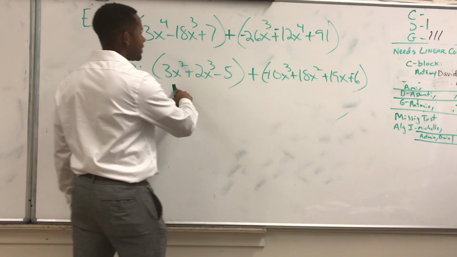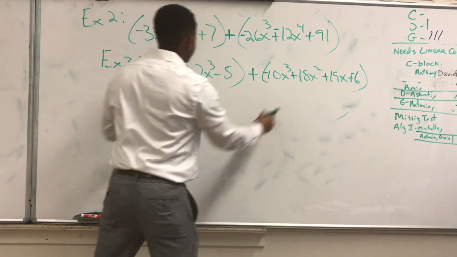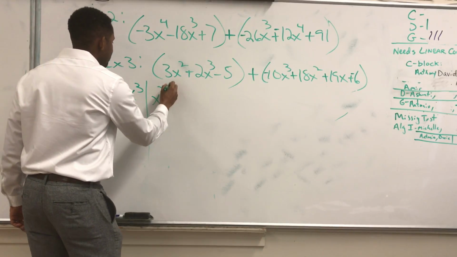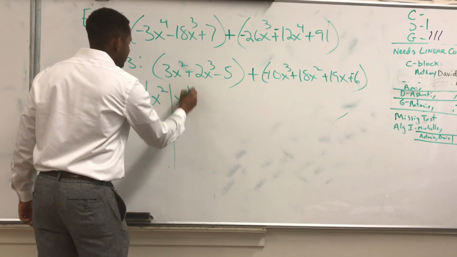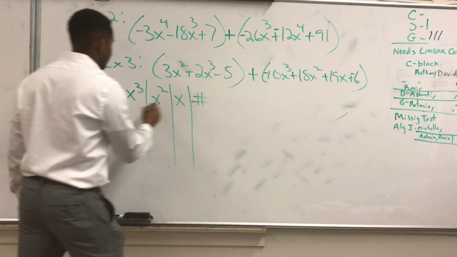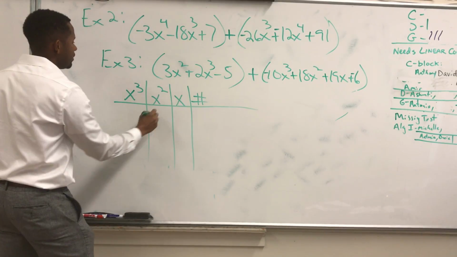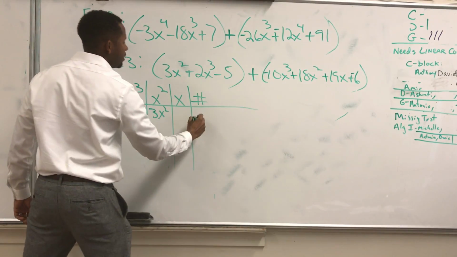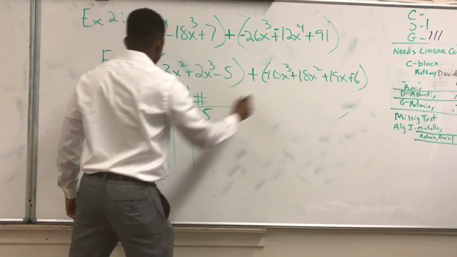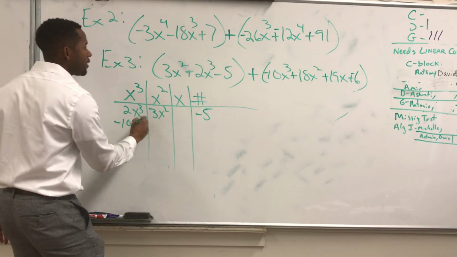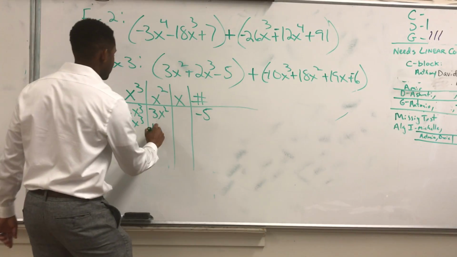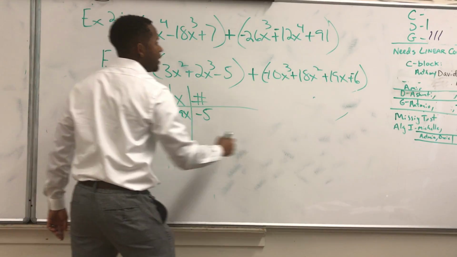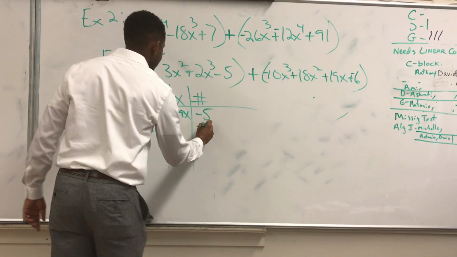And then finally I can say, looks like x to the third is my biggest term, so I'm going to take my x to the third spot, x squared spot, x spot, and regular number spot. And I'm going to start filling them in. 3x squared, 2x to the third, minus 5, minus 10x to the third, 18x squared, 19x, and -6.